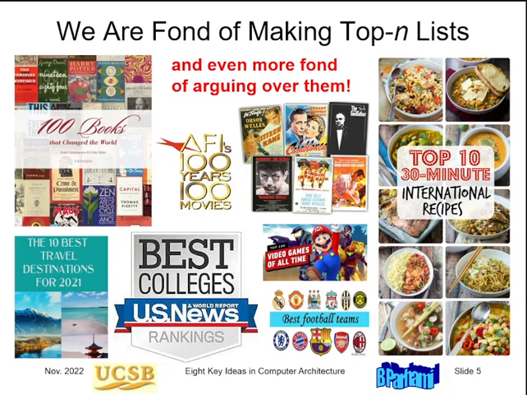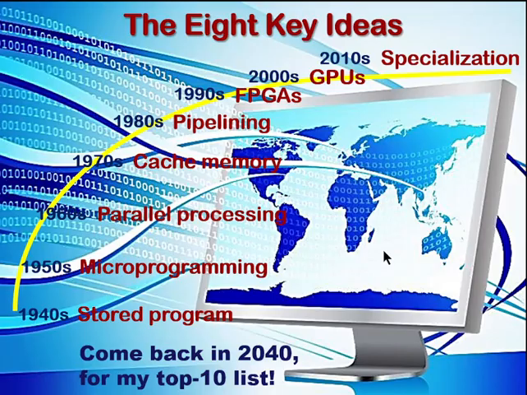So here basically what I'm doing, I'm presenting to you a top 8 list of ideas in computer architecture, the most important ideas in computer architecture. Now, a top 8 list is not as satisfying as a top 10 list, but given that I've restricted myself to picking one idea from each decade, I have only 8 ideas.